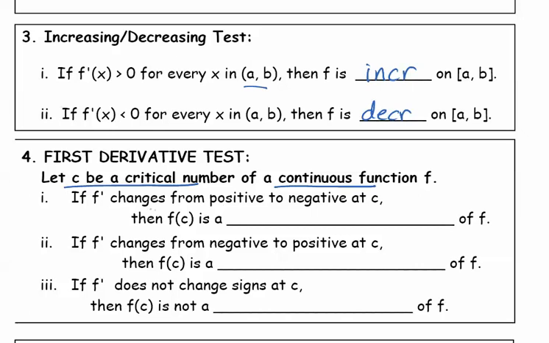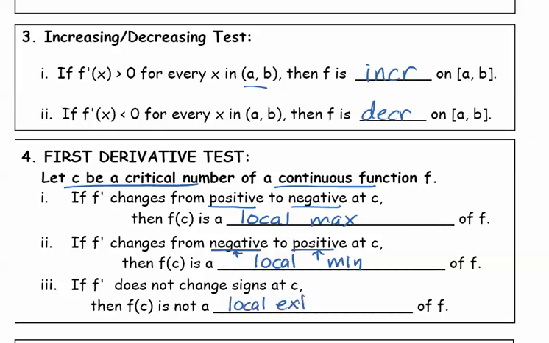So if f prime changes from positive to negative, that means the original function f was rising and then falling. So if it rises and then falls, then f of c is a local max. And if f prime changes from negative to positive, that means that f itself was falling and then rising. So then f of c is a local minimum. And if f prime does not change signs, then it is not a local extremum.